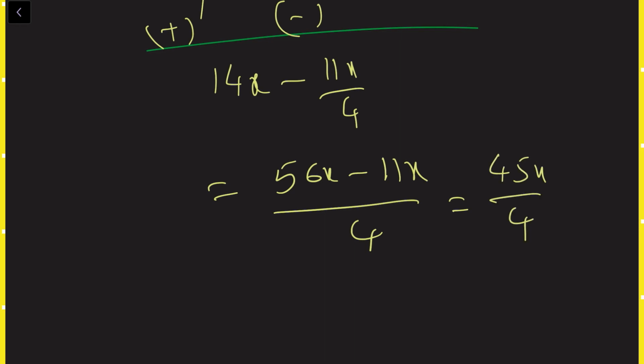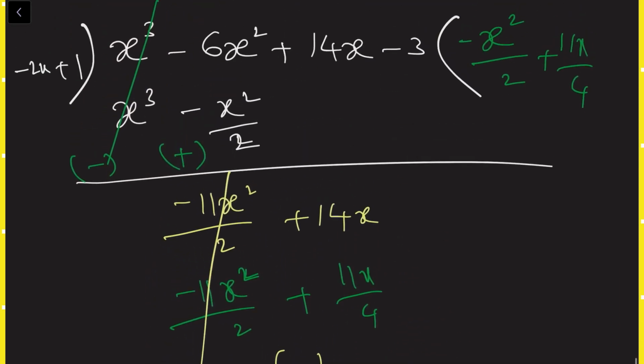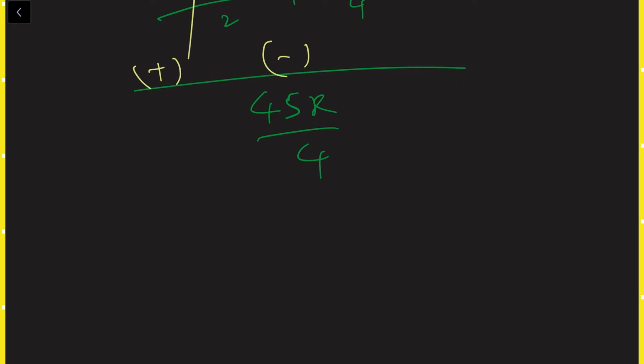So here we need to write 45x by 4. Next, dropping again minus 3.